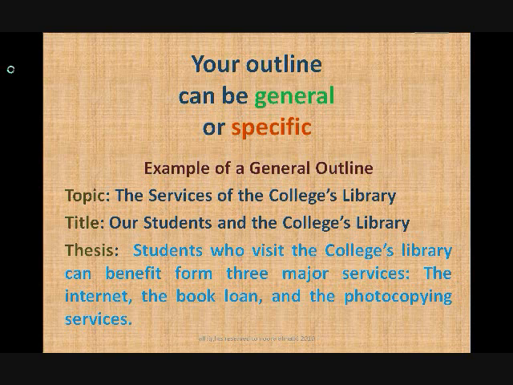We are not writing the essay now, we are just planning it to make sure that all our ideas are put on paper, and then we can proceed to the next step and write the essay. So I'll write a general outline for this essay, and then a specific outline for the same essay, so you will see the differences and similarities between the two types of outline.